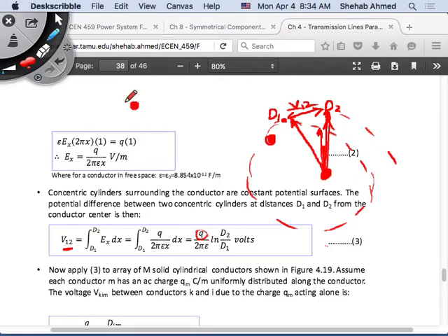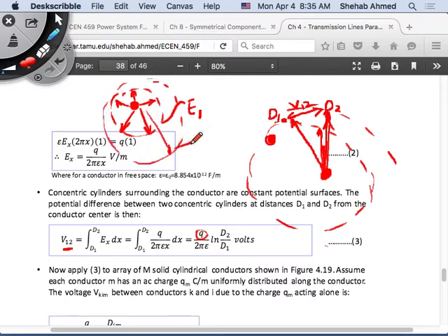For this conductor, this circle here is a surface with the same electric field strength E1. We agree? And then this is another surface, so it's an electric field surface, if you want to call it, right?